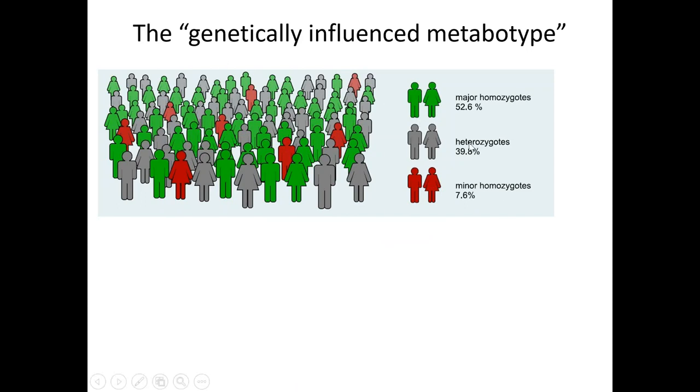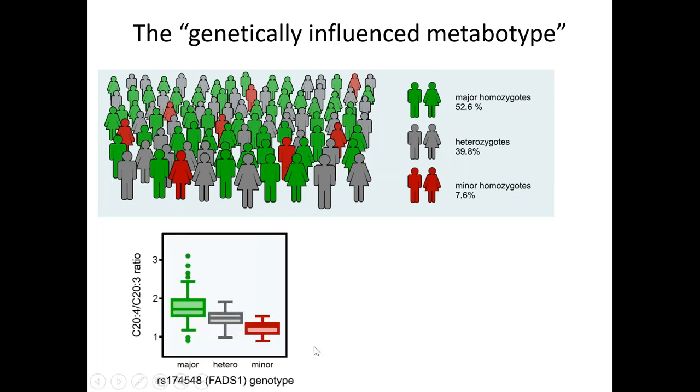So this led to what we now term the genetically influenced metabotype. Imagine that you have a human population, and you look at genetic variants, SNPs, and here I'm looking at frequent variants. For instance, the prototype of one of our associations is a genetic variant in the FADS1 gene, the fatty acid desaturase 1.